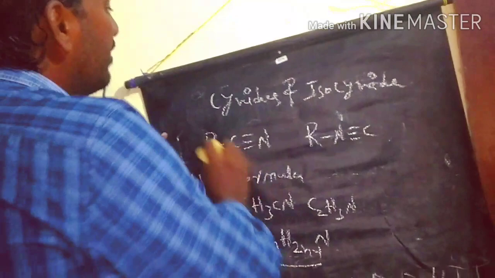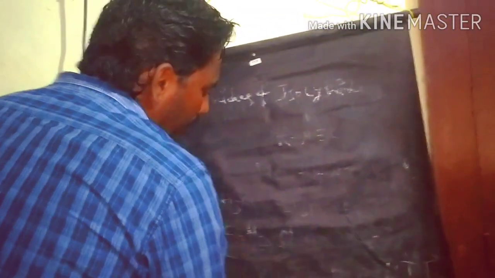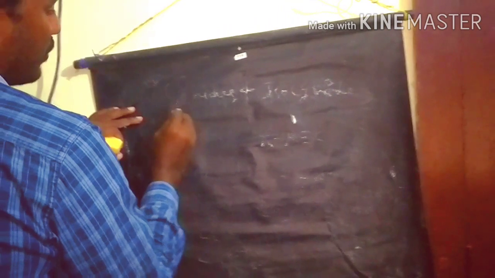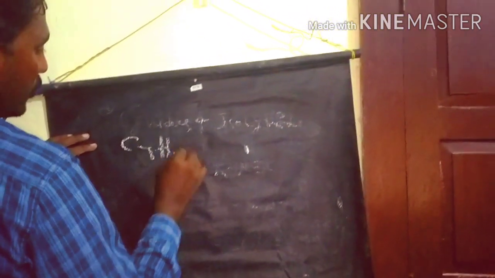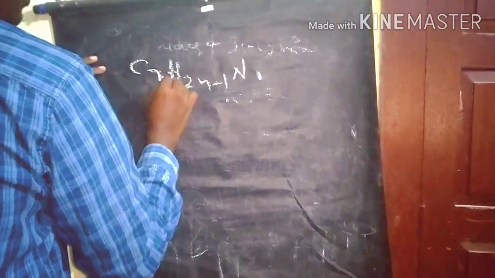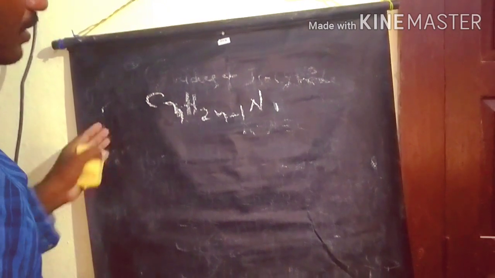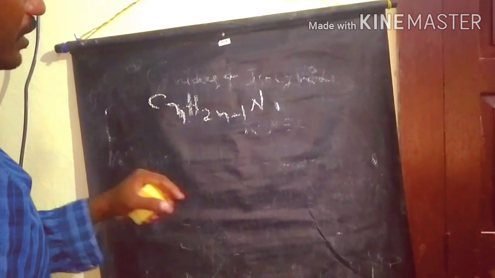Let's see the difference between cyanides and isocyanates. Both compounds have the same general molecular formula, CnH2n-1N. This is the molecular formula of both cyanides and isocyanates.